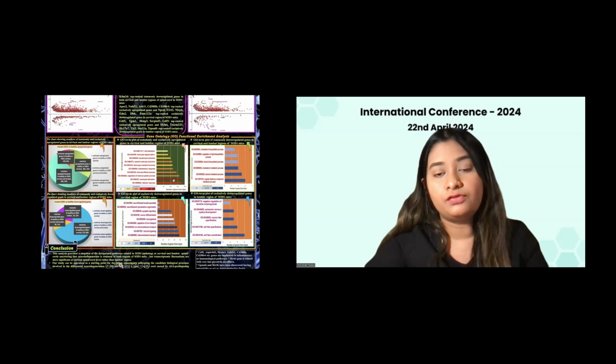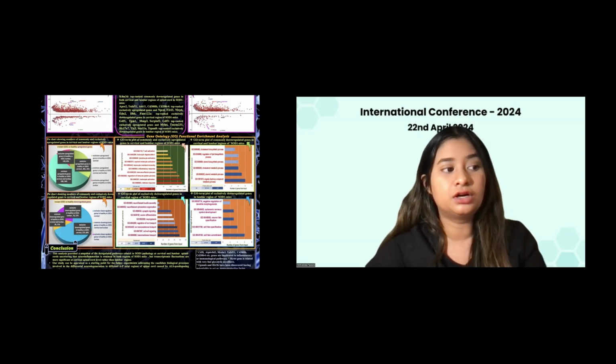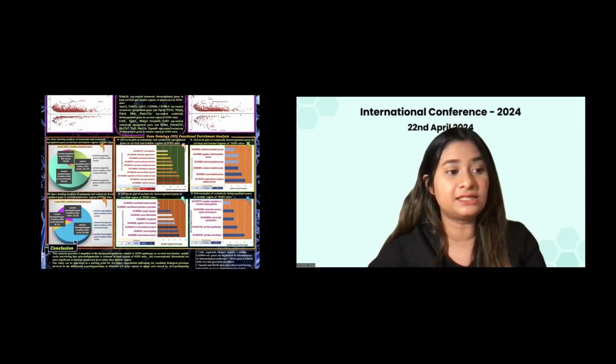Then we can see there are four charts of the gene ontology functional enrichment analysis. The gene ontology enrichment analysis reveals the biological processes and signaling cascades related to the ALS pathology.